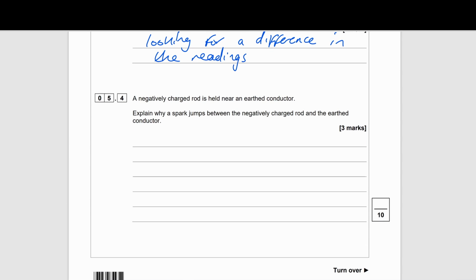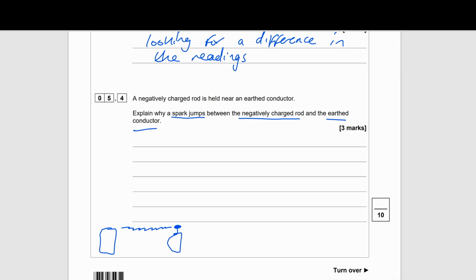5.4. A negatively charged rod is held near an earthed conductor. Explain why a spark jumps between the negatively charged rod and the earthed conductor. So let's draw our rod again, and then we can draw some sort of earthed conductor. The question is saying, why is it that you might see a spark jump between these two objects here?